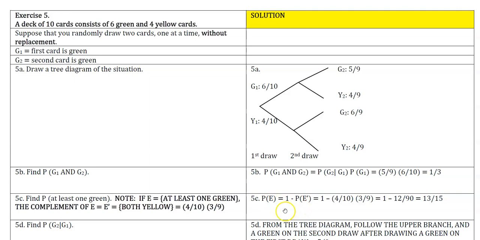Okay, so let's go through this. We've calculated the probability of 2 yellows as 4/10 times 3/9, and we know the probability of the complementary event is 1 minus the probability of the event. So we would take the probability of E complement and subtract it from 1, and that would give us the probability of E, which I've done here, and that turns out to be 13/15.